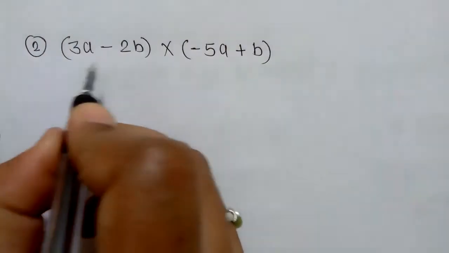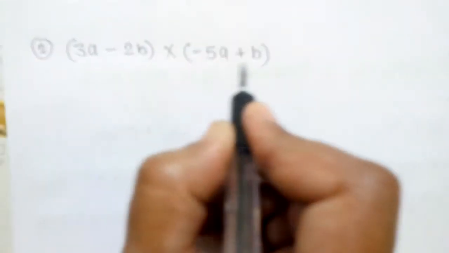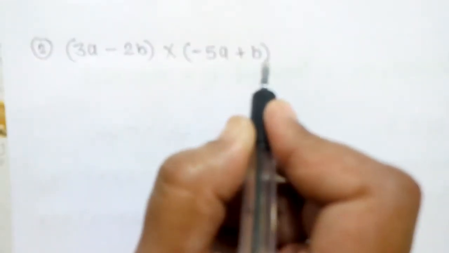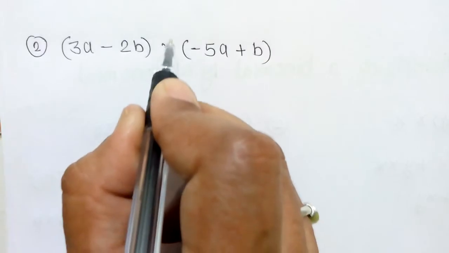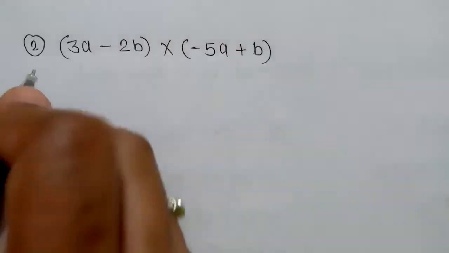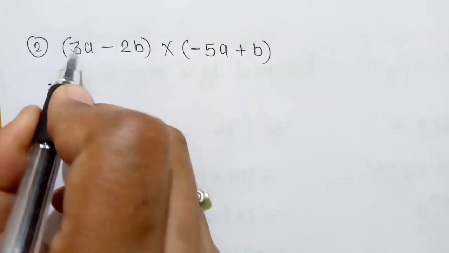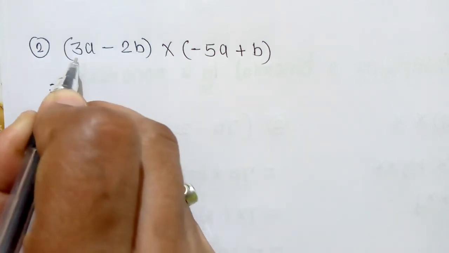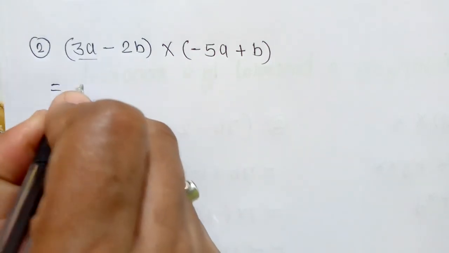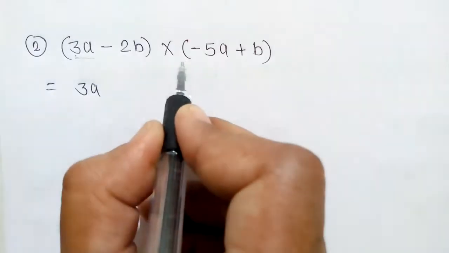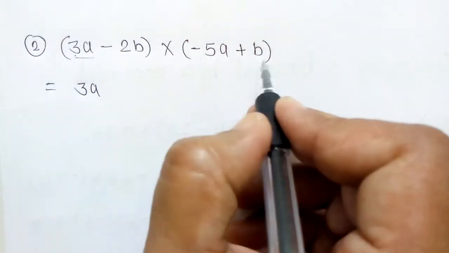Now we will see one more example. 3a minus 2b and second bracket negative 5a plus b. We have to multiply these two expressions. So what I told, first from the first expression you have to take the first term. It is 3a. So we will multiply this 3a to the whole second bracket expression.